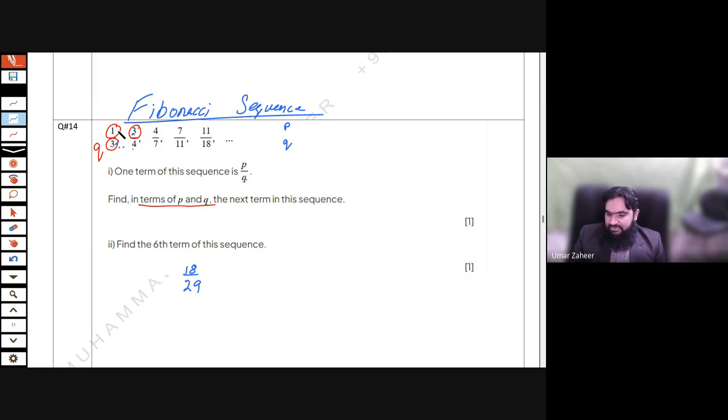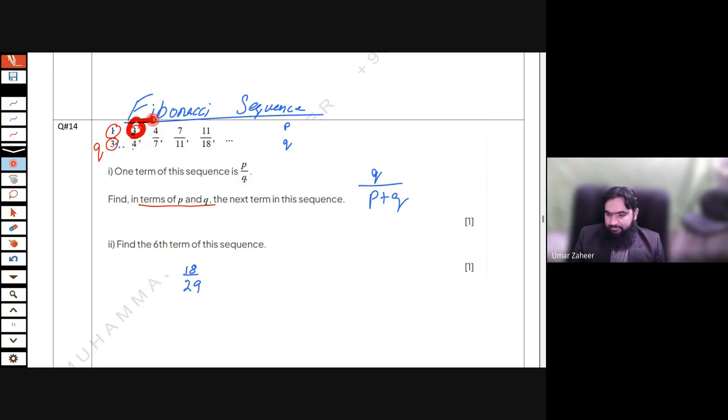So if I start from the 1, and let's say that is q, so the denominator will be the next term, that is p and q. Look at here, you will get this value after adding this one.